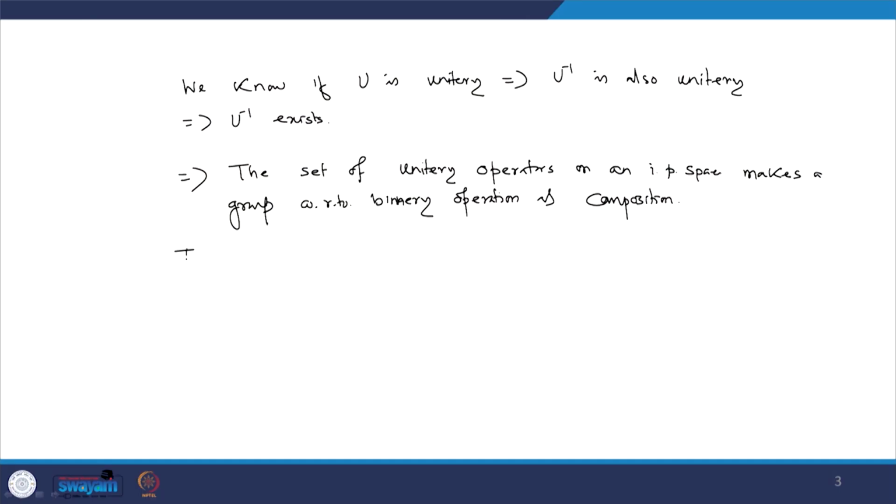Apart from this, we are also curious to know: is there any relation between a unitary operator and its corresponding adjoint operator? I mean to say, the existence of the adjoint operator of a unitary operator. So, to answer these questions, let us give a small result in terms of a theorem.